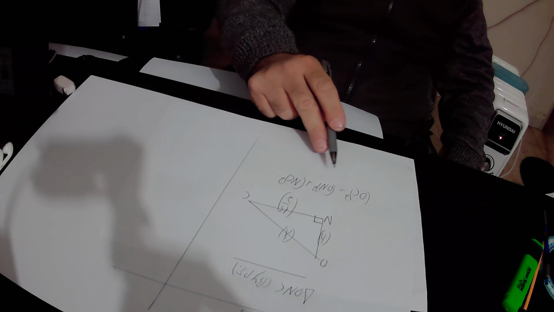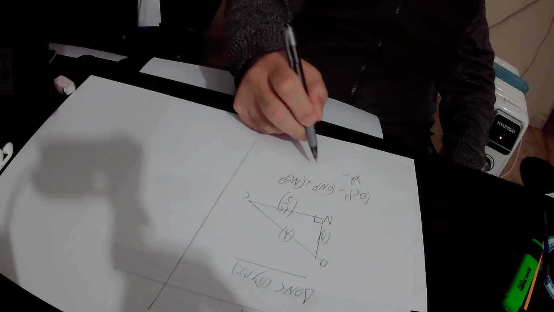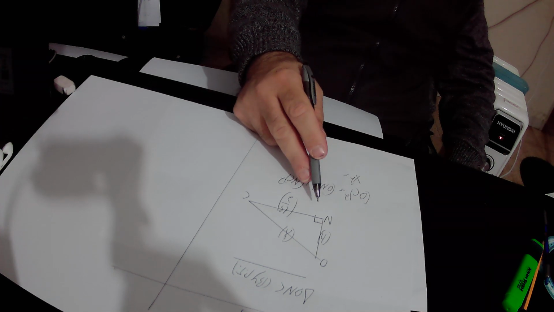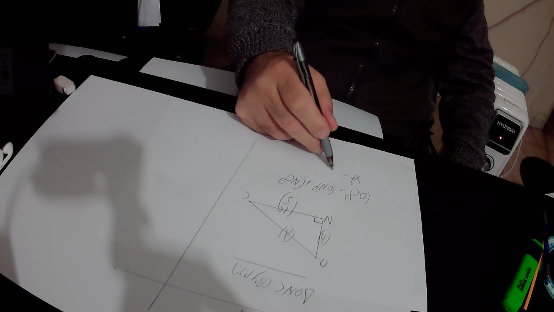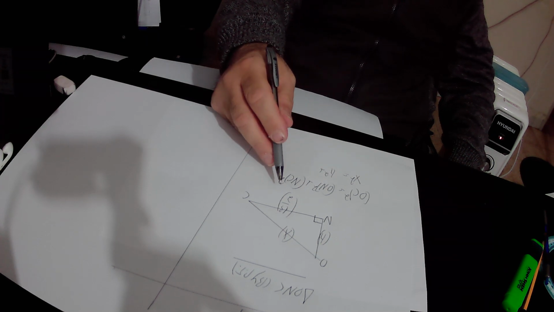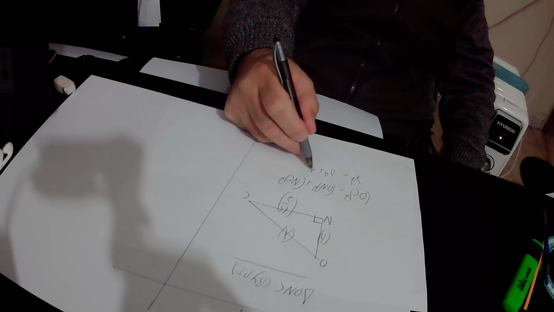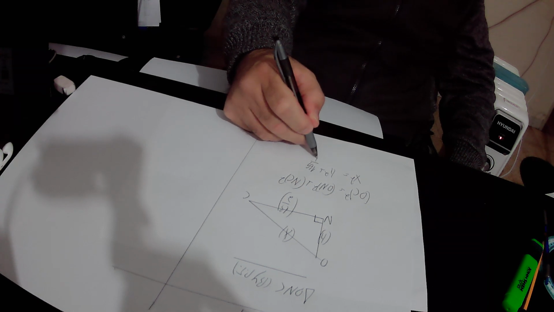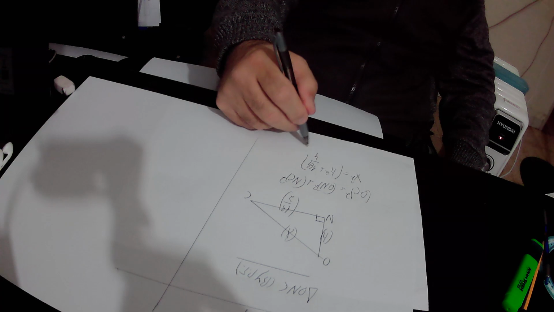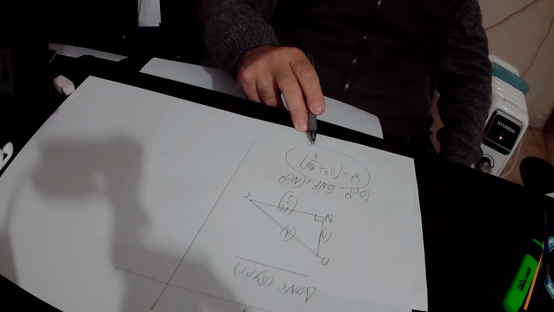So OC is x, therefore OC squared is x squared, and it equals ON squared. ON is h, therefore ON squared is h squared, plus NC squared. NC is 13 over 2, therefore NC squared is (13 over 2) squared, that is 169 over 4. So in conclusion, we found out that x squared equals h squared plus 169 over 4.